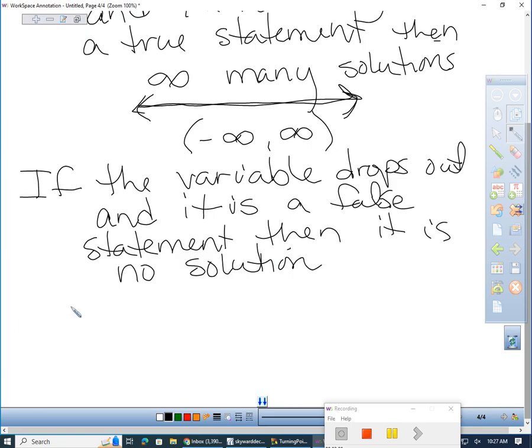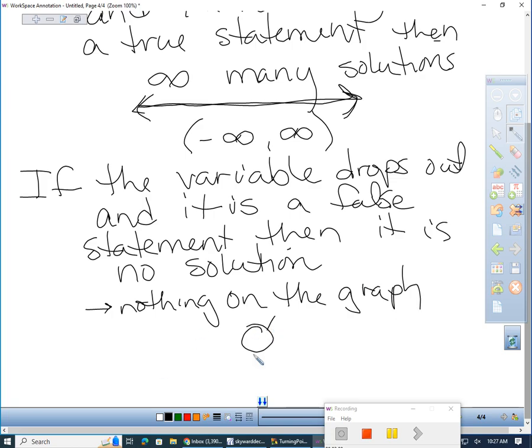There is nothing on the graph. And the interval notation is actually a circle with a line through it, which means empty set. There is nothing that makes it work. Okay?